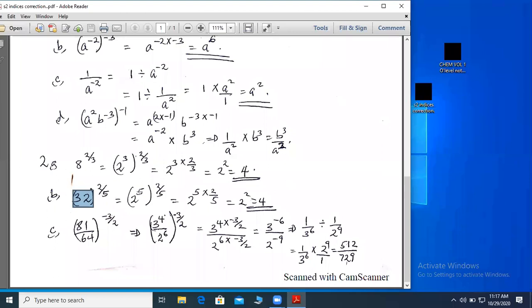So we write 2 to the power 5 instead of 32. And now the two powers become 5 and 2 over 5. So we multiply the powers, and our answer becomes 2 to the power 2, which is 4.